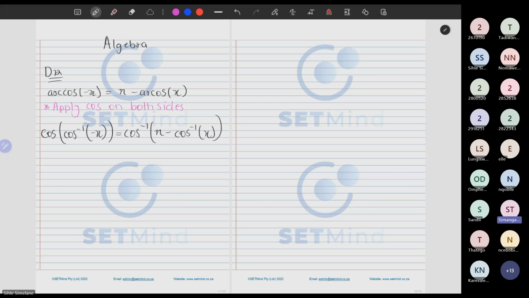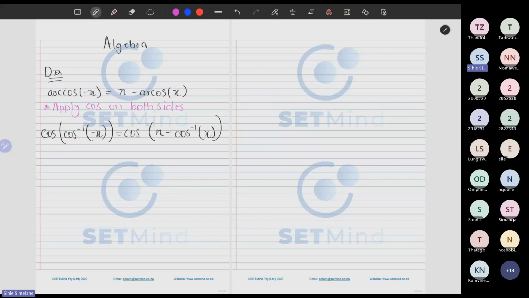So why did you apply cos on one side and arc cos on the other side? It's because I can see I have arc coses, so I apply cos. It should be a straight cos on this side, not that. Yes, that arc was a mistake.